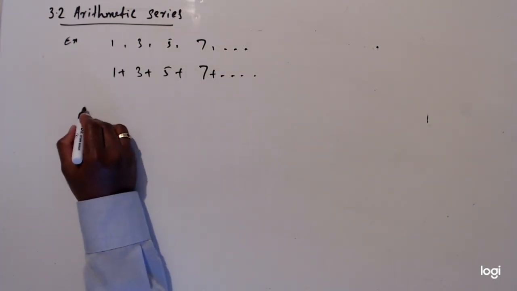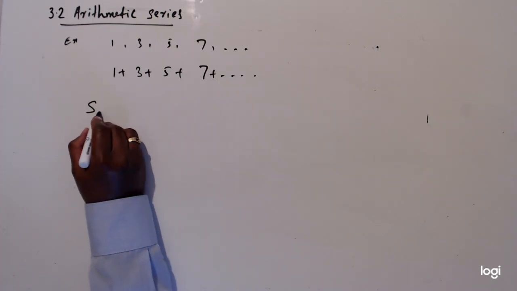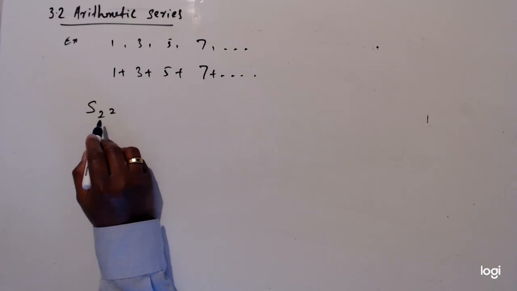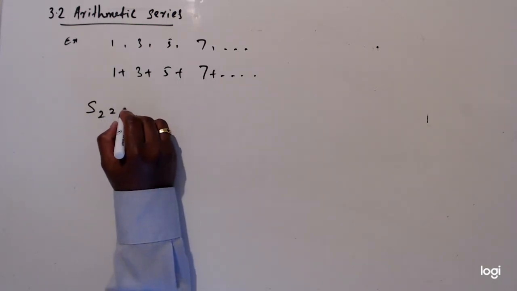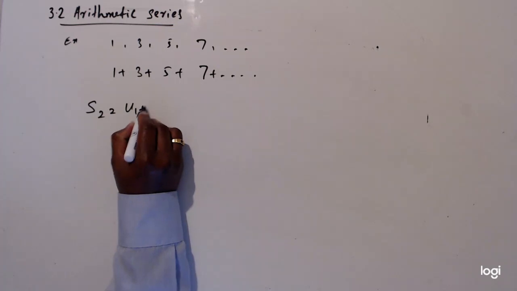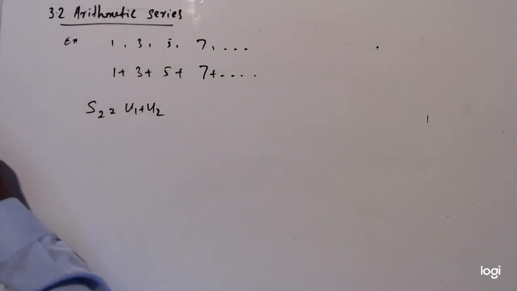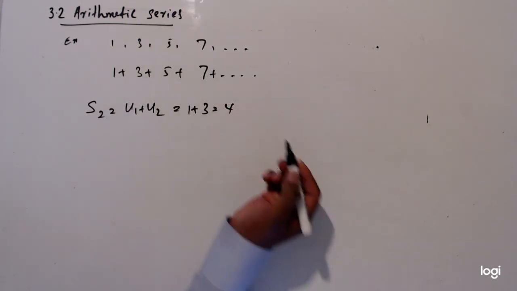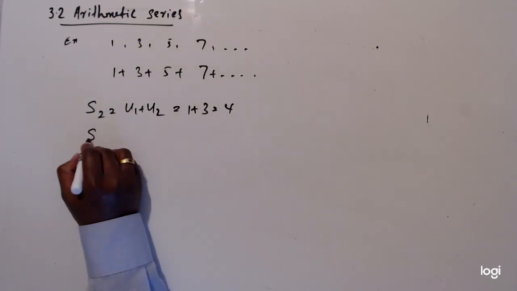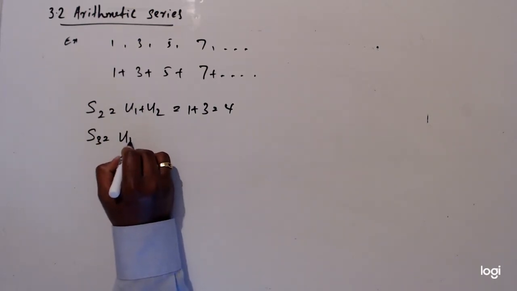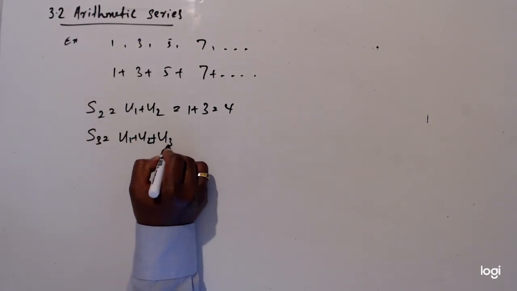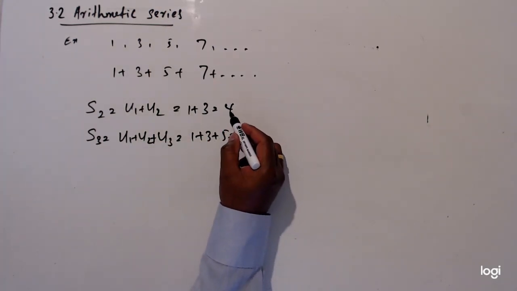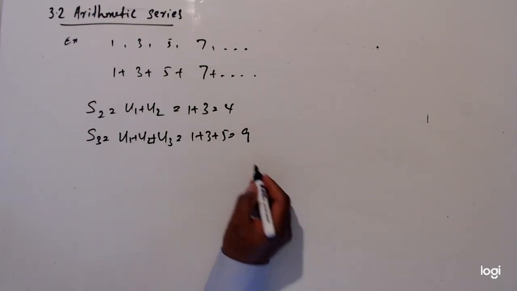We'll consider a partial sum S2. What is the command here? Add the first term and the second term. The first term is 1, plus the second term 3. Answer is 4. S3 means add the first term plus the second term plus the third term. So 1 plus 3 plus 5. This is 4 plus 5, 9.